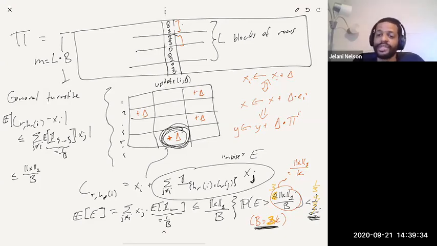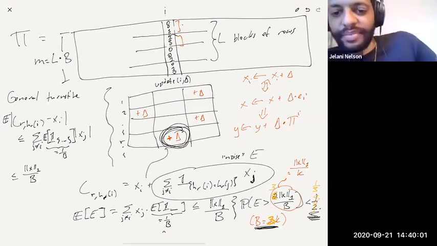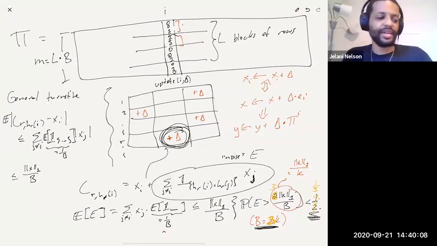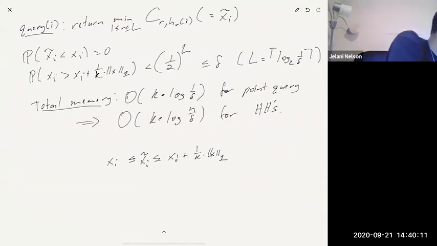I expect 2/3 to succeed, but only a half succeeded, which means I deviated from my expectation by 2L over 3 minus L over 2, which is L over 6. The probability of this happening is exponentially small in L over 6. So if I pick L to be a large constant factor times log 1 over delta, I can make sure that this is at most delta. So basically the only thing you change is you output the median.